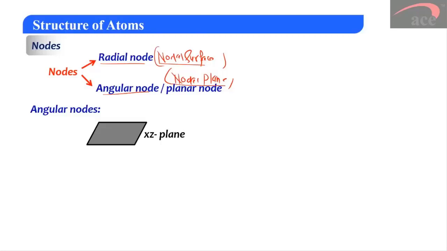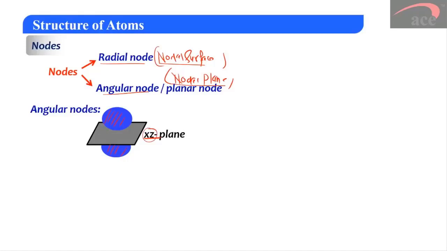So if this nodal plane is present in the xz plane, the electron density in the xz plane will be 0. The electron density is above this plane and below this plane. Can you see? This indicates the density of electron above the plane and below the plane. This plane lies in xz, so the electron density is not present in the xz plane.